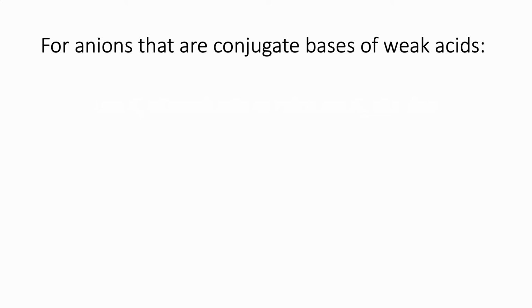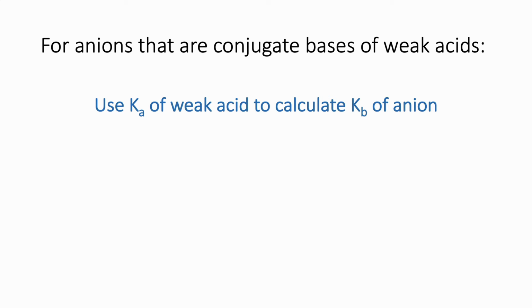So both cases involve equilibria, and we're going to need an equilibrium constant. If you have an anion that is a conjugate base of a weak acid, what you're going to do is find the Ka of that weak acid and use it to calculate the Kb of the anion.